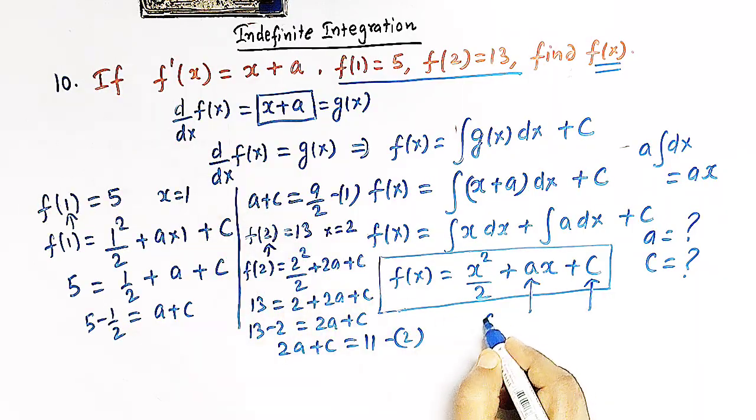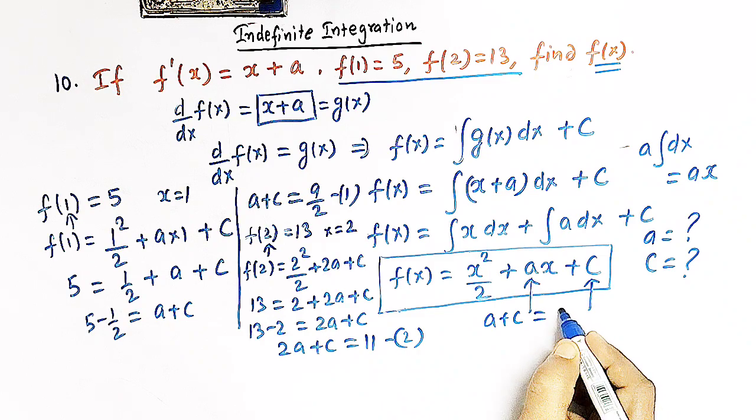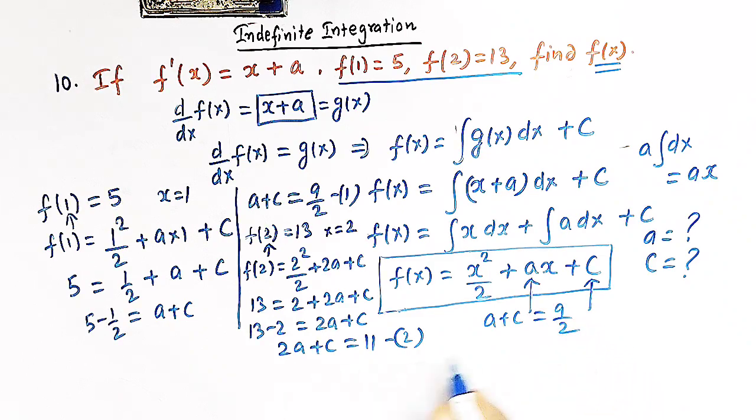So now we have two equations: a plus c is equal to 9 over 2 and 2a plus c is equal to 11. So now we can easily solve these two equations.